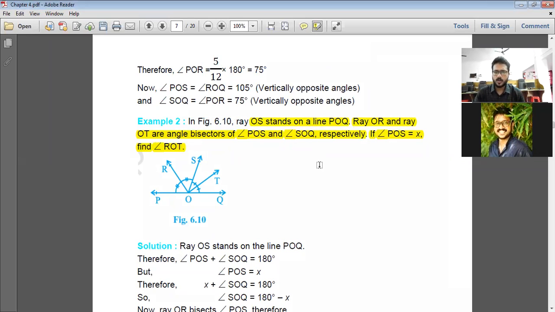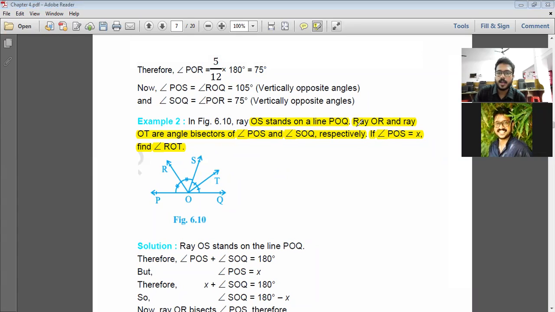Okay, so don't worry about the length and the information given in the question. First of all, you look in the figure. What does the figure say? Ray OS stands on the line PQ.